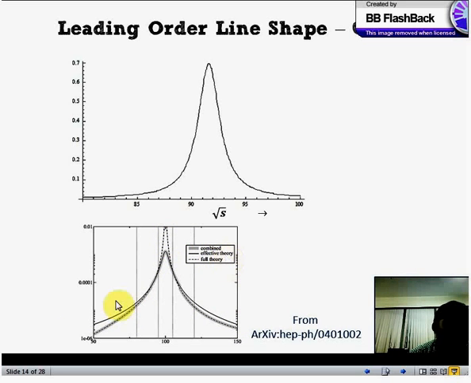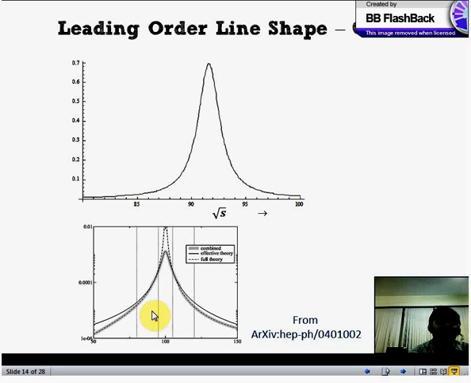The effective theory does extremely well where there is a resonance, much better than the full theory, but the full theory does very well away from the resonance. So the combination of effective theory and the full theory is very important, because we would want a very faithful representation of the line shape of these kinds of unstable particles.